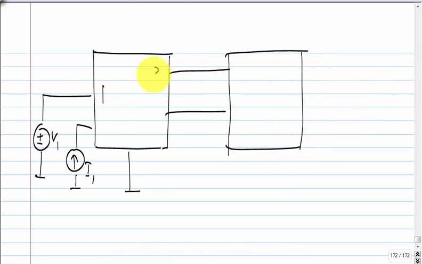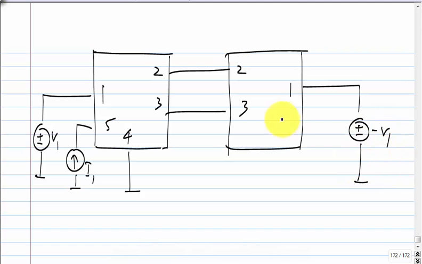And you can have minus V1, minus I1, okay, that is anti-symmetric excitation. These two are still the same network.